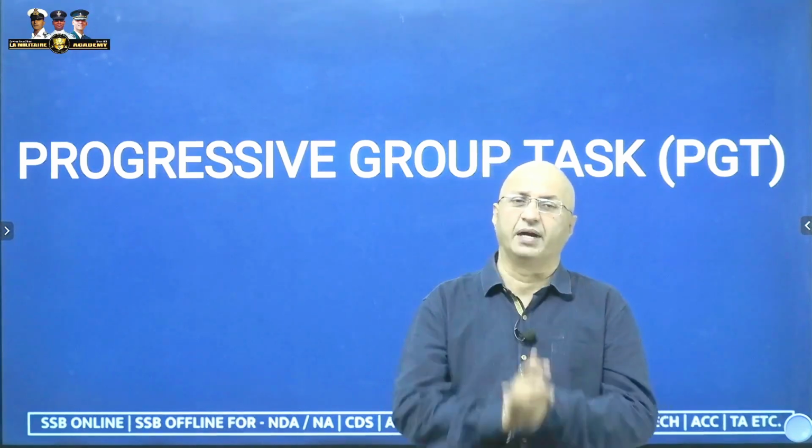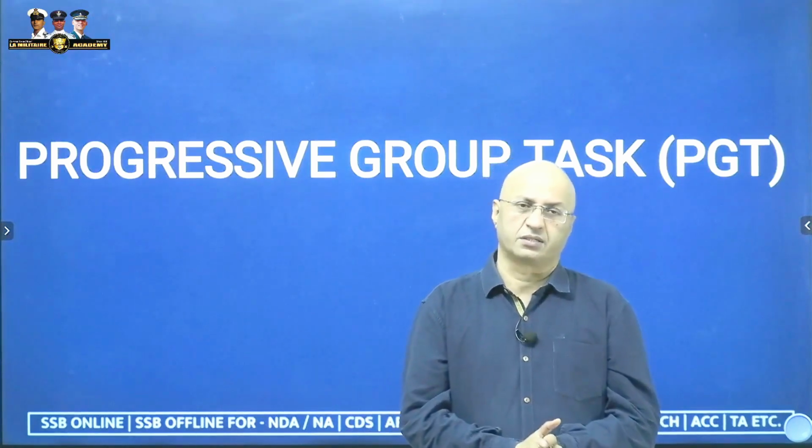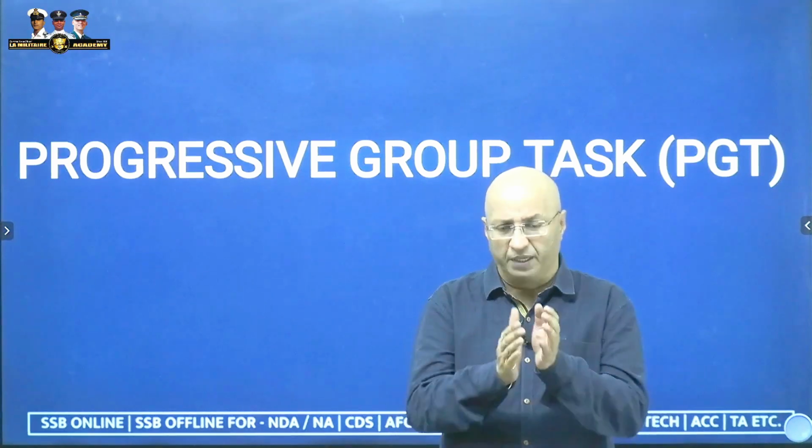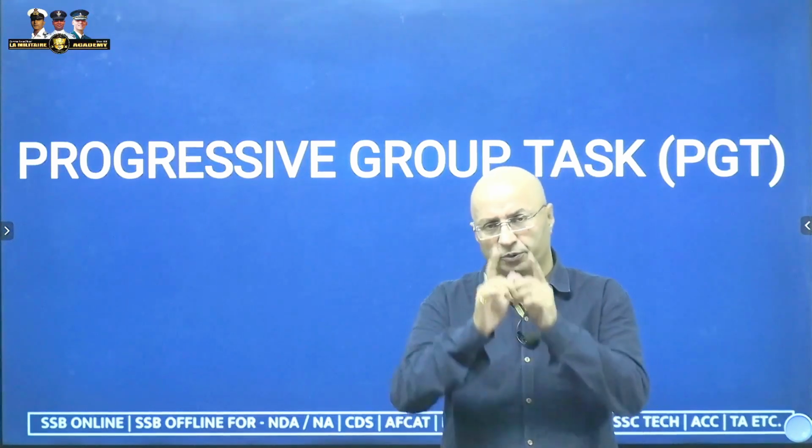If you want to be an officer, you should know how to connect minds, you should know how to create consensus, and you should not threaten people with dominance, neither get subdued, but be parallelly participating.